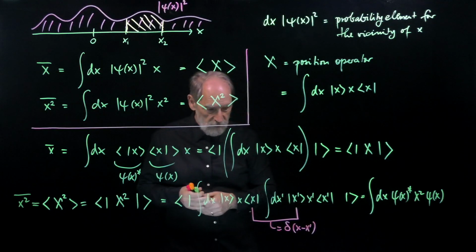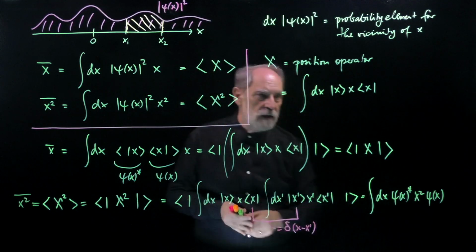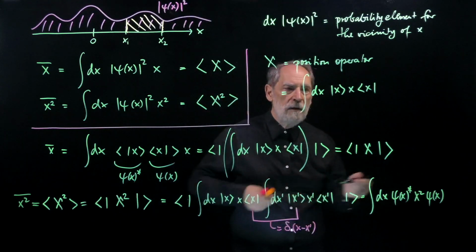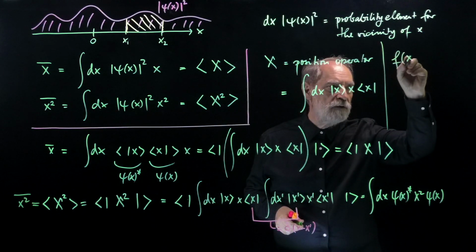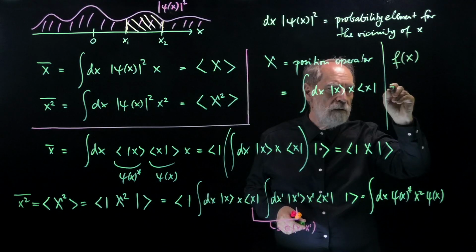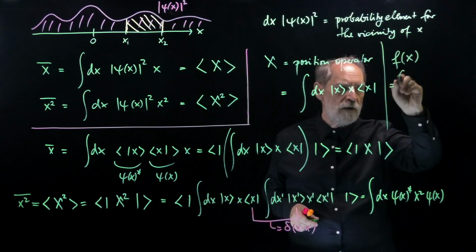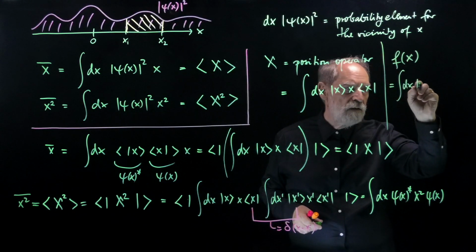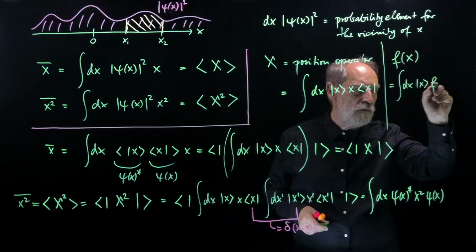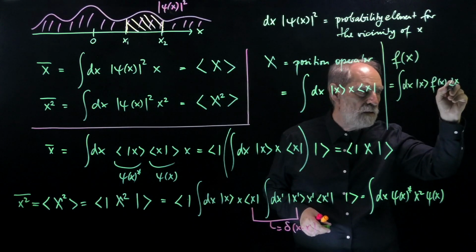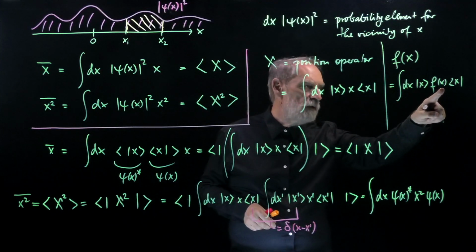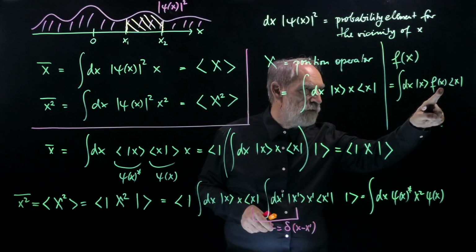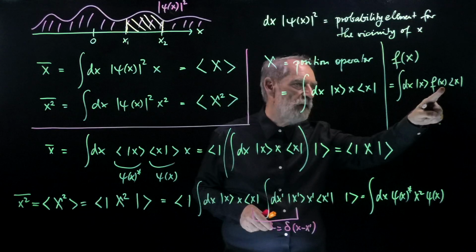And more generally than that, we can talk about functions of the position operator, which in very close analogy to what we did in the discrete case before, is just this integral now evaluated, where the number is the function at the value of x, at the position x.